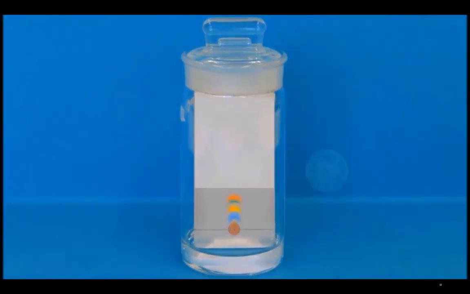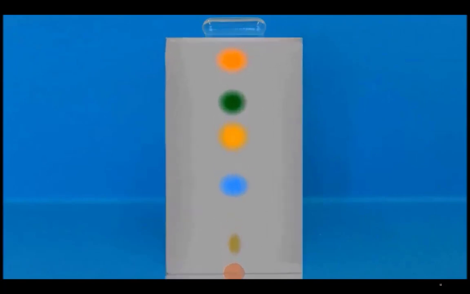As the solvent rises, since the sample molecules are soluble, they also move along with the flow of solvent, and then get separated into the individual components. So in this way you can see the sample components are separated, right?